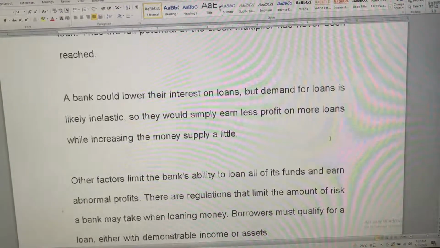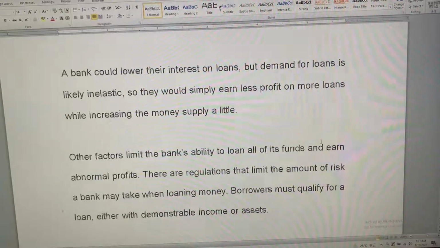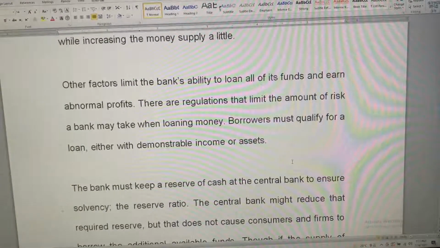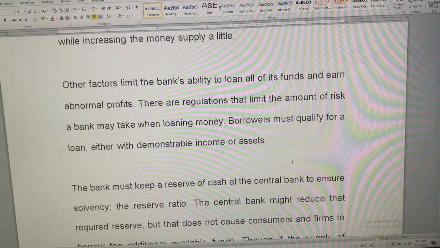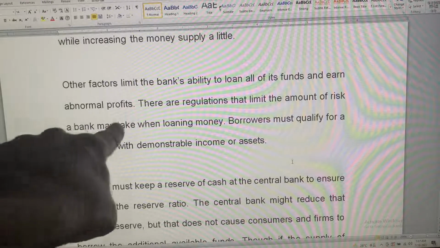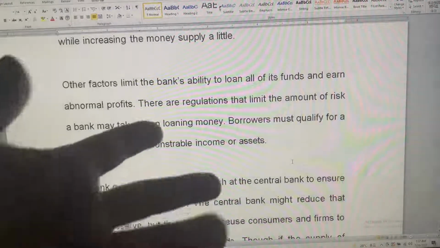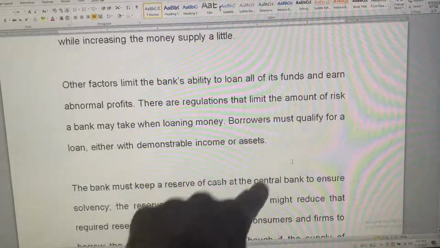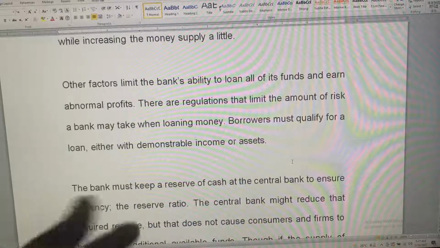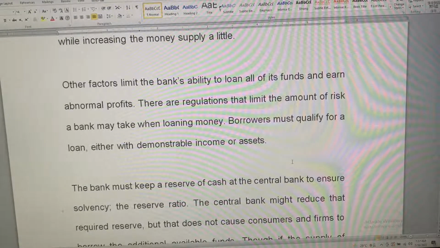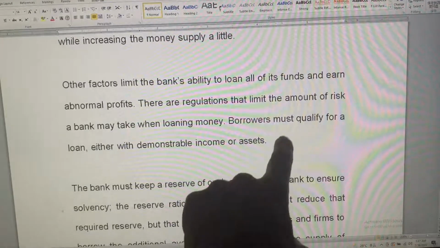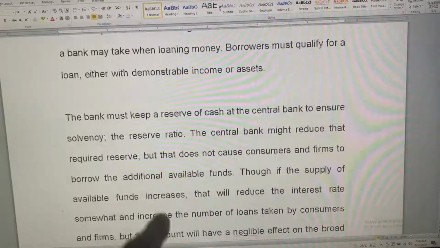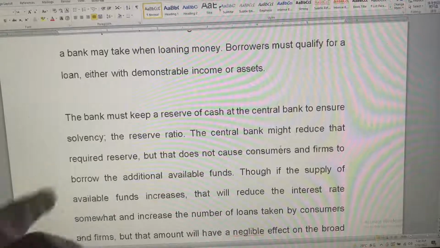This is kind of extra. I'm just thinking out loud. Other factors limit the bank's ability to loan all of its funds and earn abnormal profits. That would be nice. There are regulations that limit the amount of risk a bank may take when loaning money. Borrowers must qualify for a loan, either with demonstrable income or assets, or both. And of course, there's the reserve ratio, the required reserve ratio.